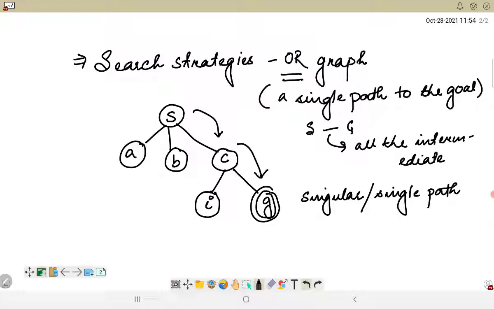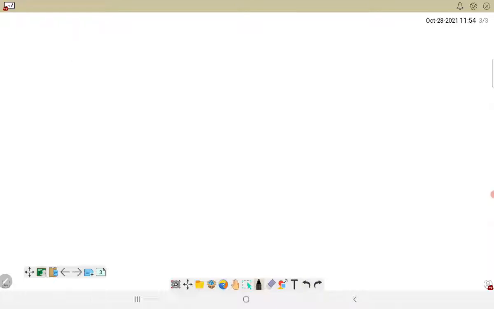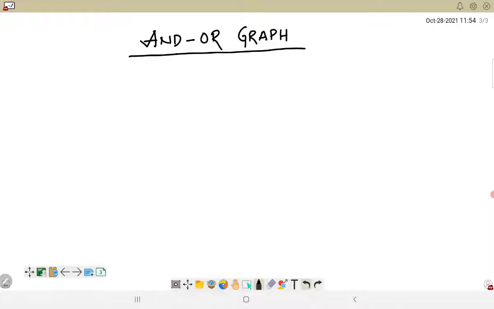However, when we are talking of AND-OR graphs, which is the primary topic of discussion for today, these structures or these searches basically represent an AND-OR graph or a tree, which is useful for representing the solution of problems that can be solved by decomposing them into a smaller set of problems.